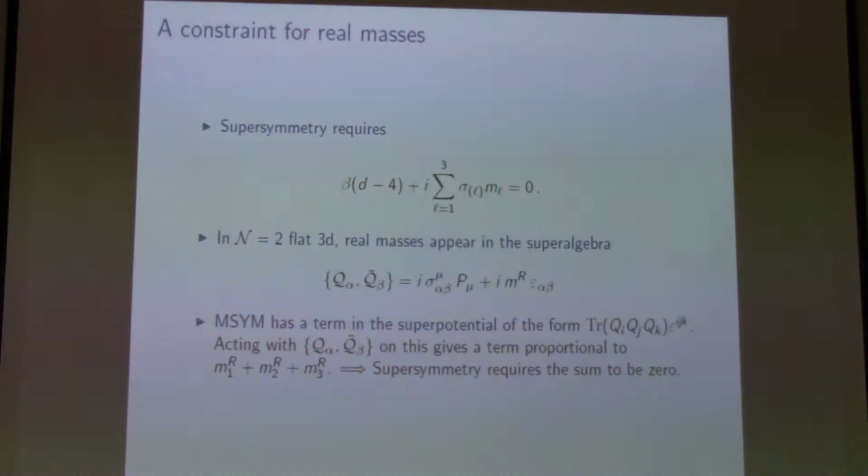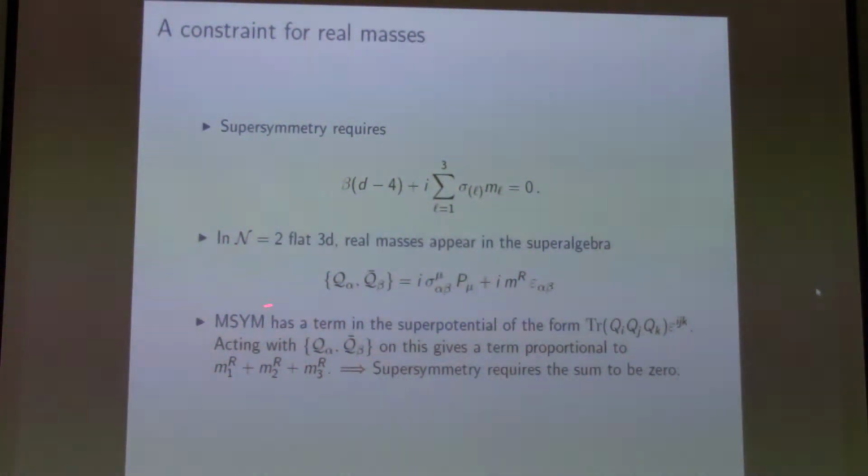let's forget about being on a sphere. Let's suppose we're in flat space. In N equals 2 flat three-dimensional space, what Ami is saying is that real masses appear in the superalgebra, so they're basically central charges, while complex masses are in the superpotentials.